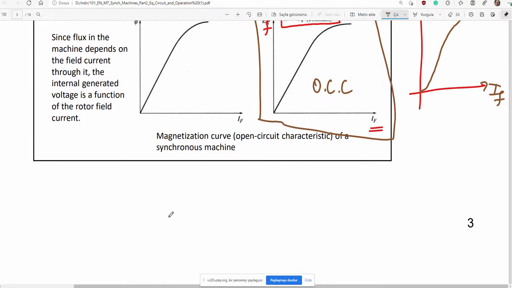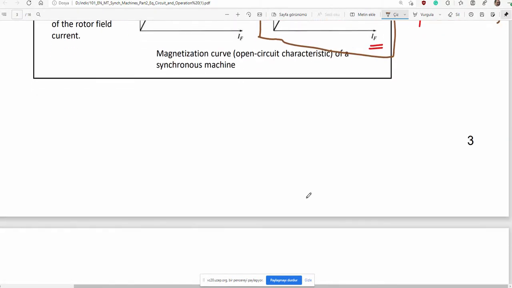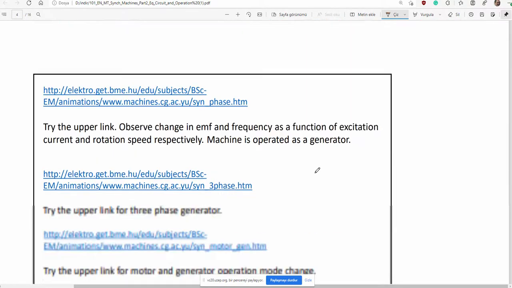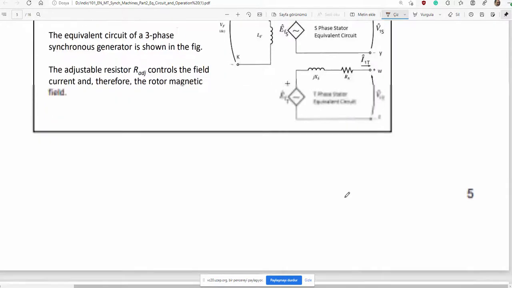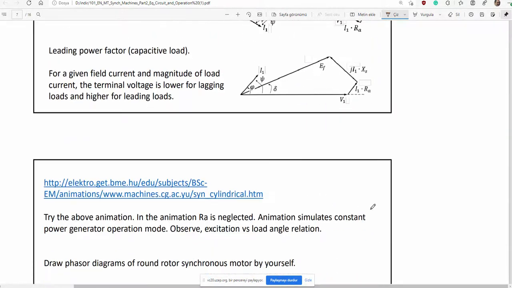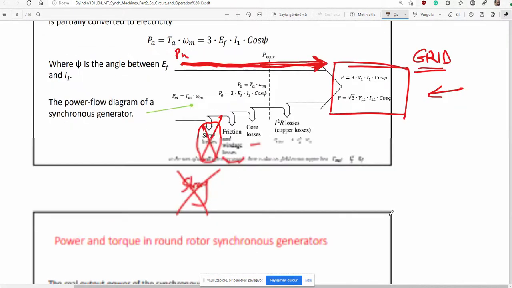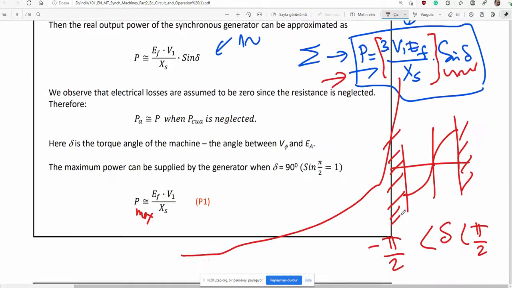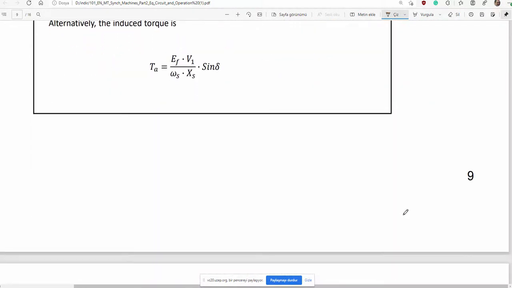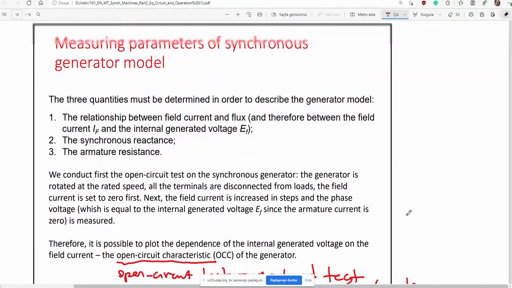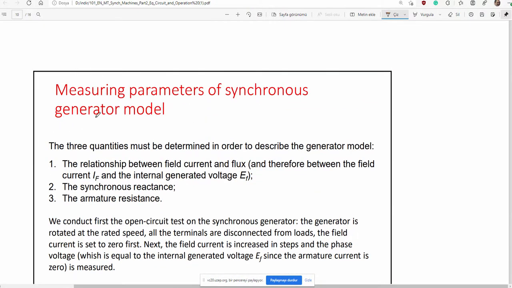Today our topic is discussing open circuit tests. Now we are conducting some experiments to measure equivalent circuit parameters.